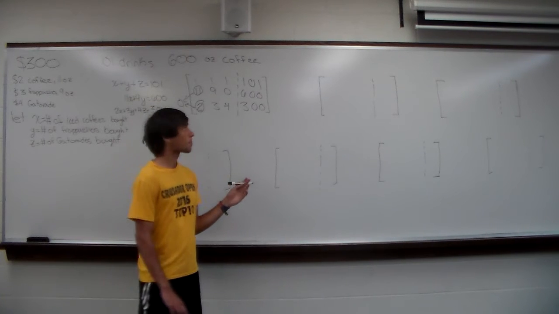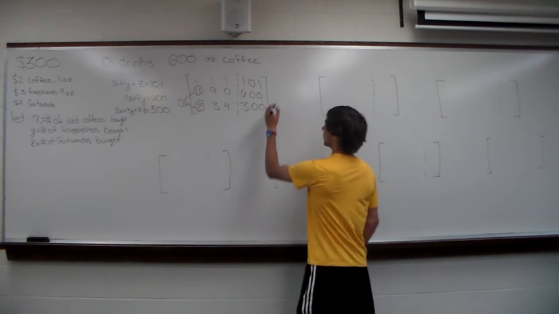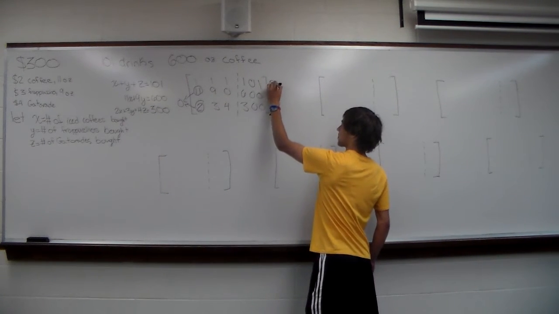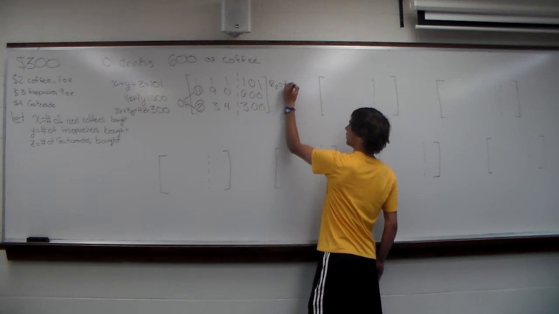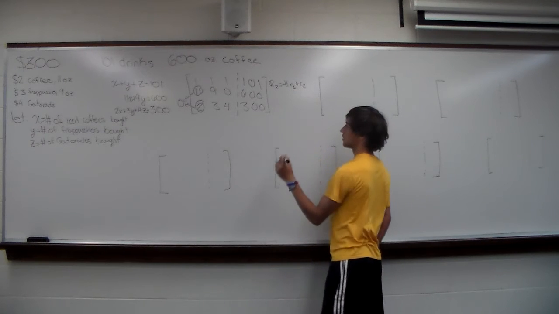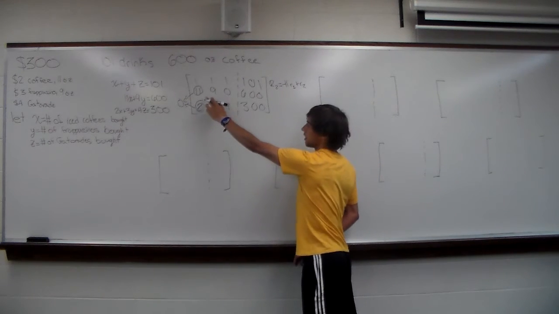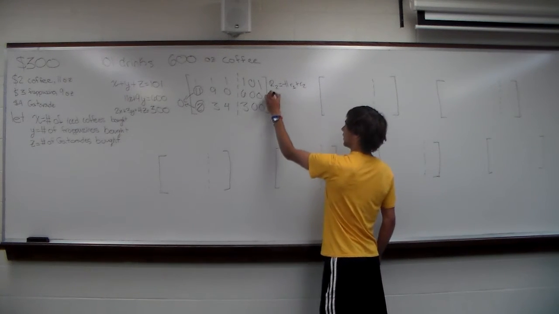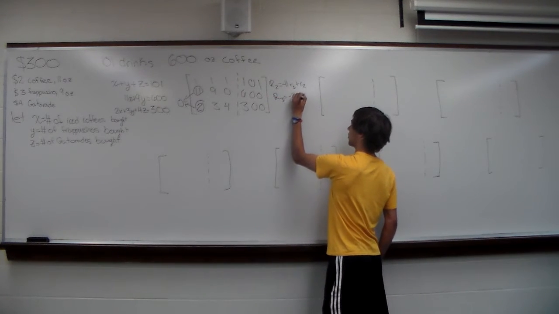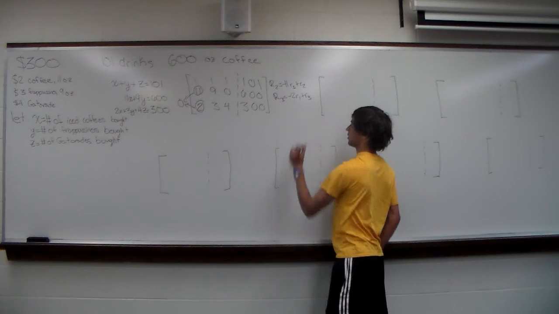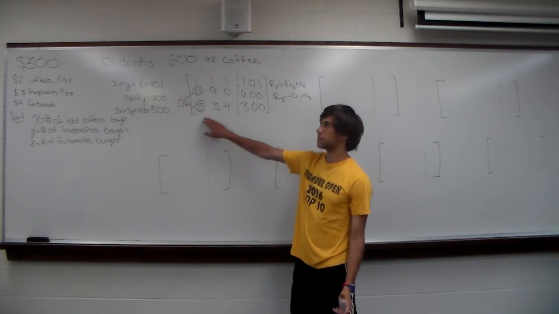We're going to do that by taking row 2 equal to negative 11 row 1 plus row 2, and that'll get rid of this 11 and make that a 0. And row 3 is going to be negative 2 row 1 plus row 3. And so similarly, that will get this to be a 0.